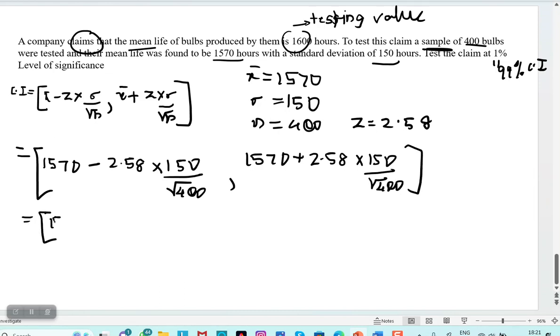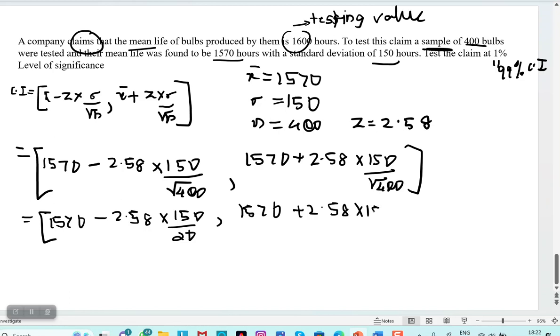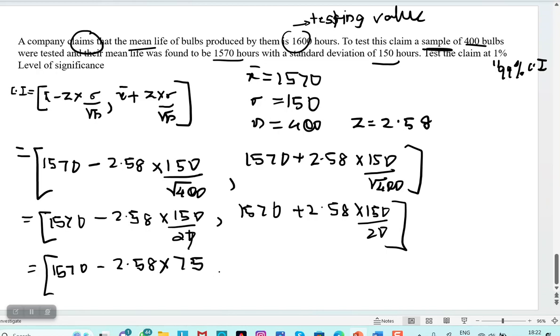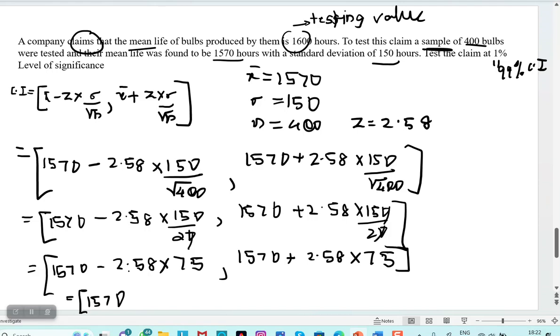Root 400 is 20, and 150 upon 20 is 7.5. So this is 1570 minus 2.58 into 7.5, and 1570 plus 2.58 into 7.5. 2.58 into 7.5 is 19.35.